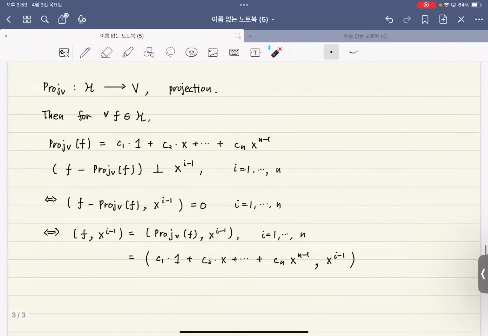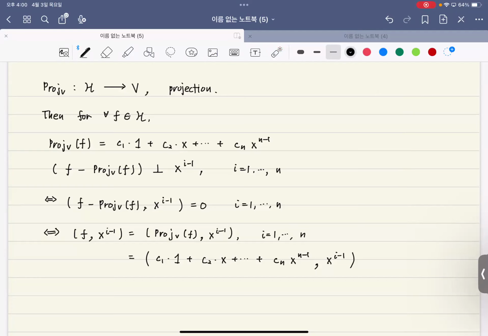For example, suppose that I am taking the inner product of this basis vector with that basis vector. Then 1 times x^(i-1), the integral of x^(i-1) from minus 1 to plus 1, is not going to be 0. Sometimes it can be 0, but in general, it cannot be 0. So we don't have such a nice luxury of orthogonality.